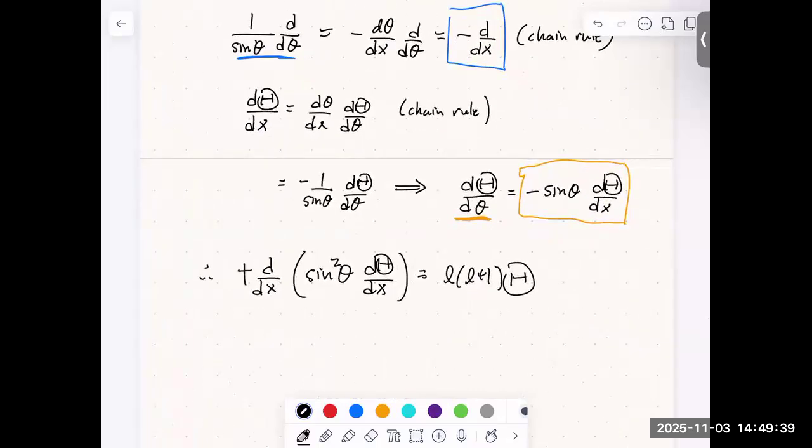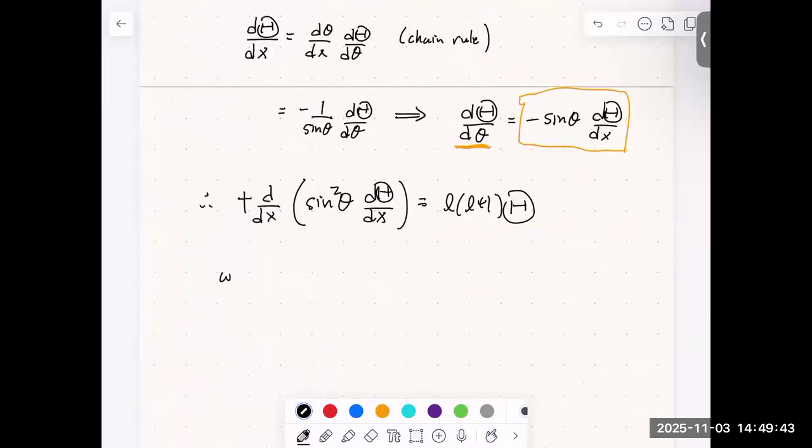The next thing we're going to do is write sine squared theta as 1 minus cos squared theta.